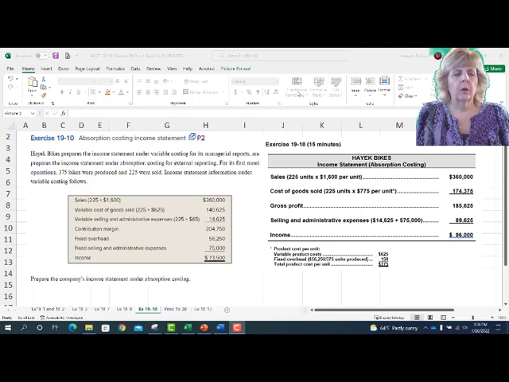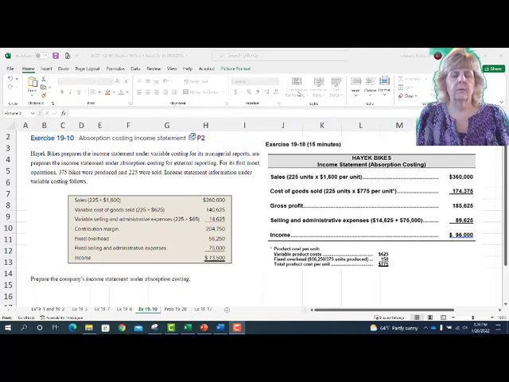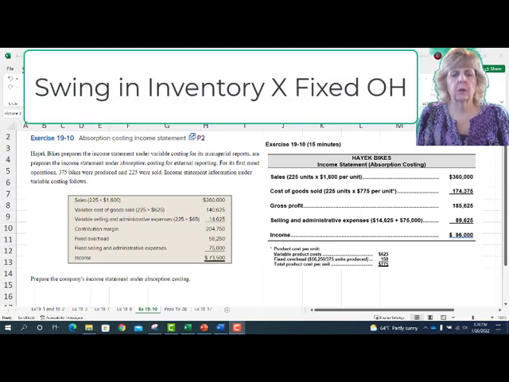This time we're going from a variable costing income statement that the author gives you on the left to a GAAP income statement. So we're kind of going backwards. It should be no problem. Once again, if you understand the mechanics, the very first thing I would do is to compute the change or swing in inventory.